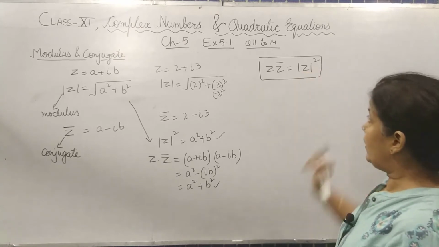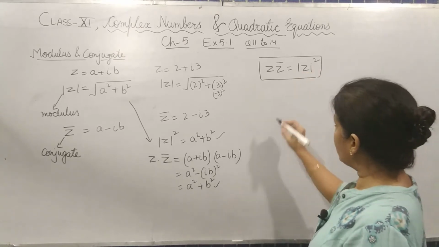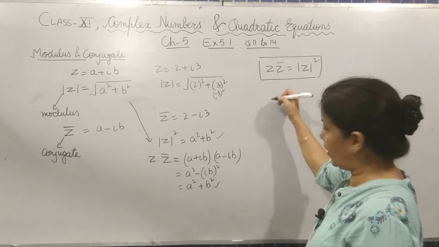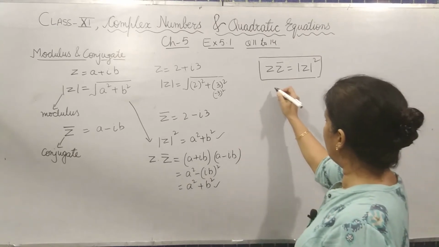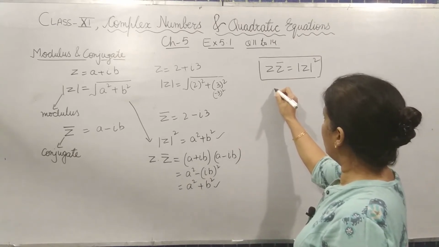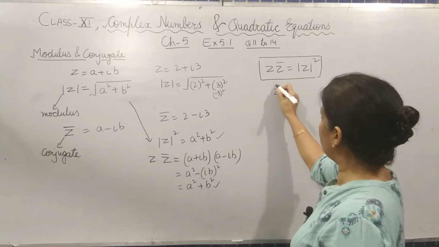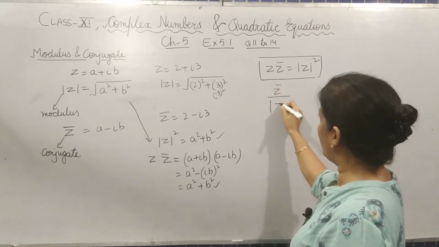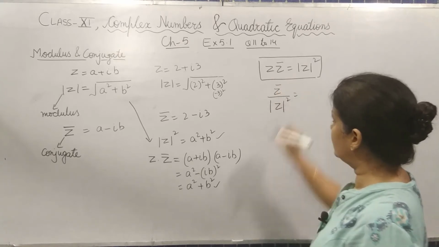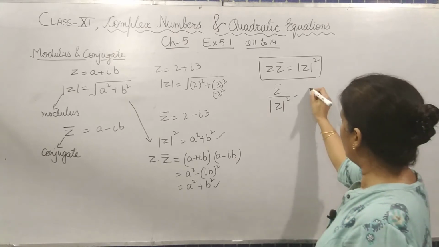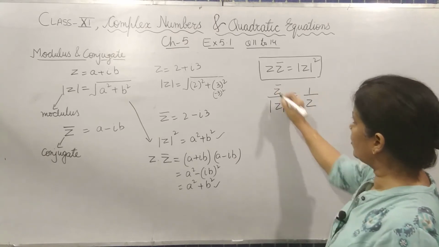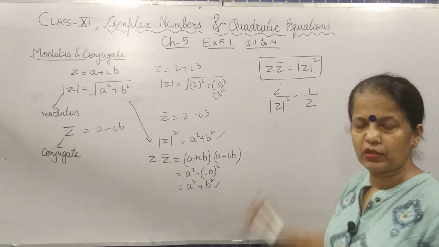Okay. Now, suppose we make one more conversion here. This is written in the form of z bar upon modulus of z square. What should it become? 1 upon z. Cross multiply and you will get the same result.